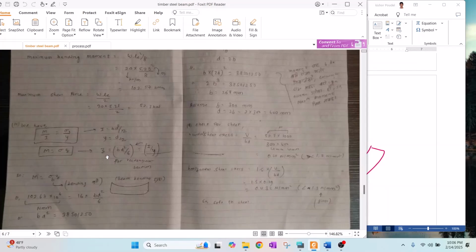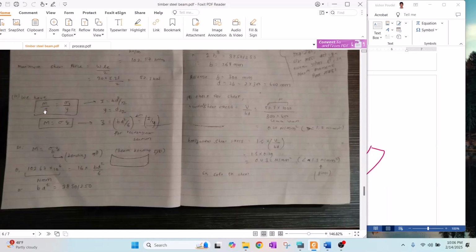We can rearrange this term to find the value of M. M is sigma times Z, where Z is the section modulus, and Z can be determined by I by y.